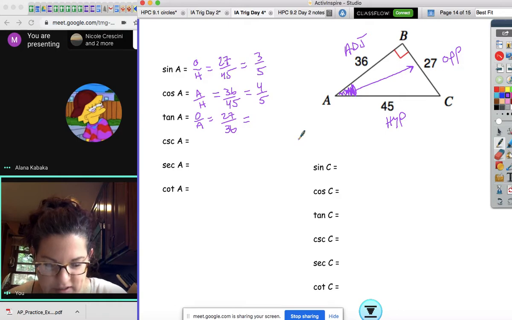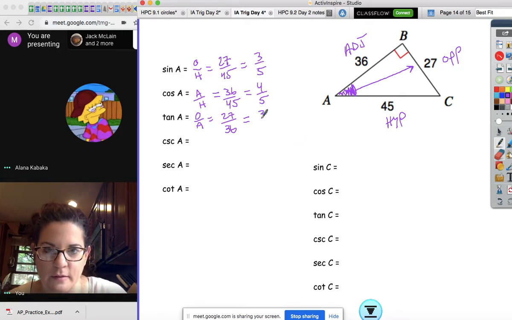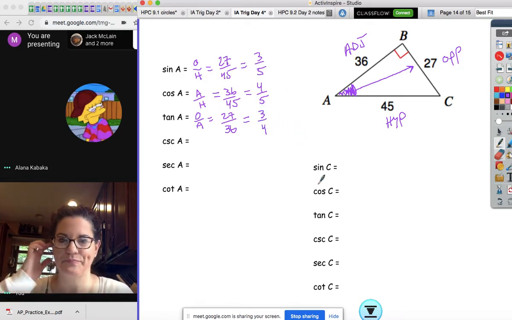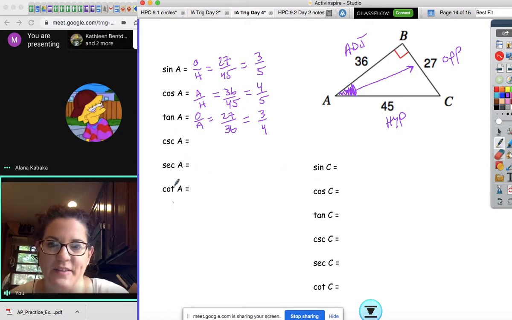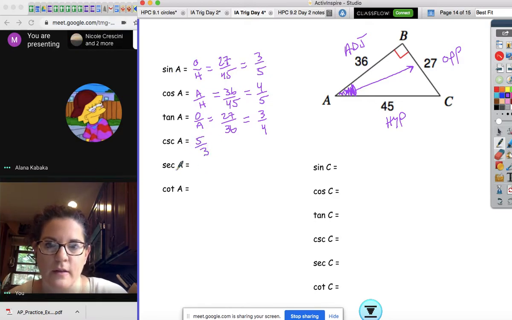So that would reduce down to 3/4. All right, and then these last three, just flip the first three. So cosecant goes with sine, so flip 3/5, so that'll be 5/3. Secant goes with cosine, flip the 4/5, you get 5/4. And then cotangent goes with tangent, flip that, you get 4/3.